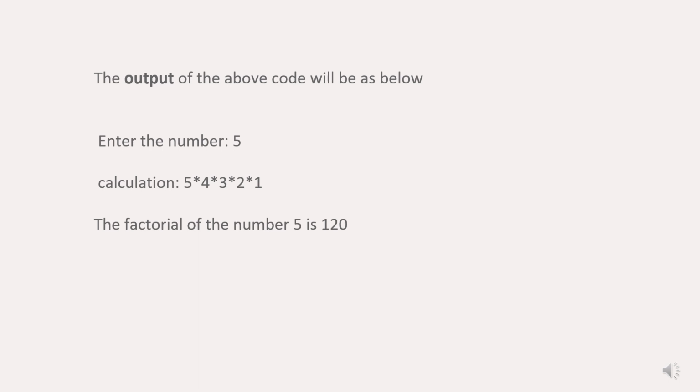The result variable will be multiplied each time with the value of i, like 1 into 1 for the first iteration, 1 into 2 for the second iteration, 2 into 3 for the third iteration, 6 into 4 for the fourth iteration, 24 into 5 for the fifth iteration. So 120 will be stored in the variable result, that will be passed to the main program where it will be printed.